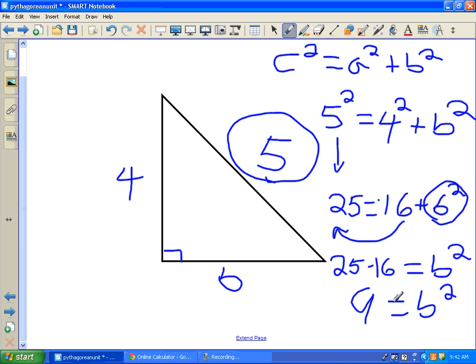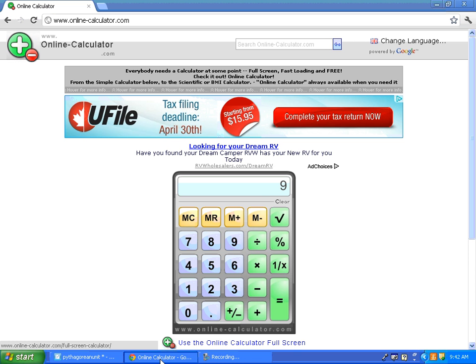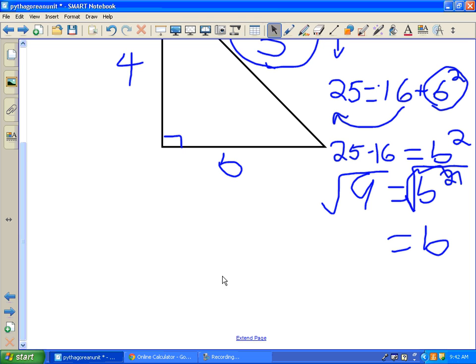Now remember how to get rid of the squared. To get rid of something squared, you have to do the square root. That'll cancel it out. But if you do it to one side, you got to do it to the other side. So square root of b squared is just b now. The square root of 9, if we use our calculator, there's 9. Square root is 3.